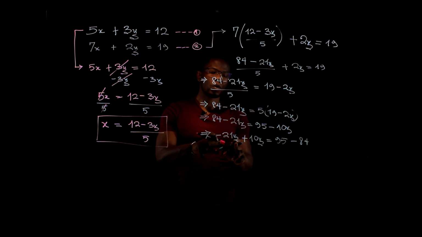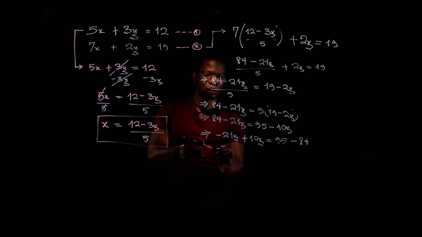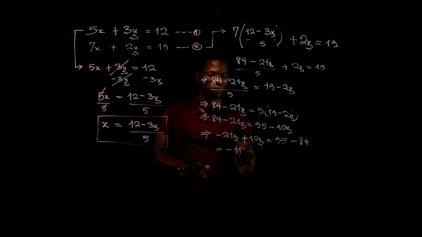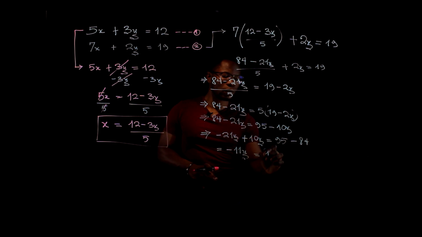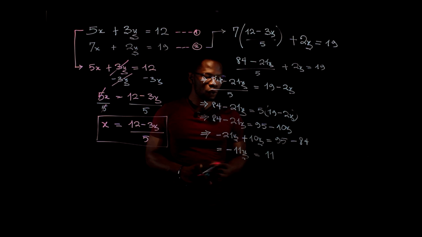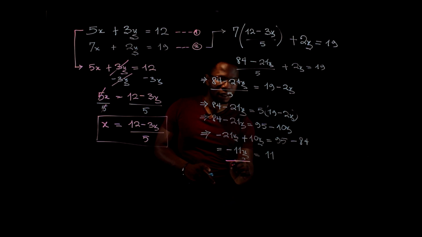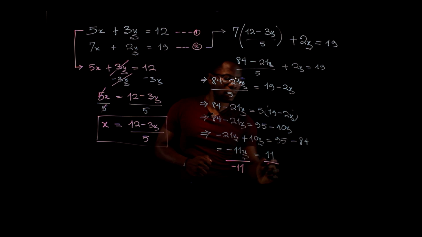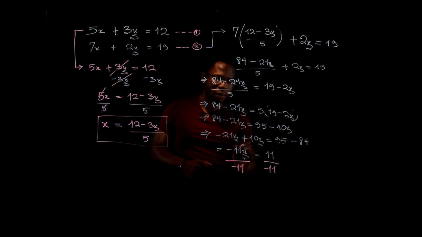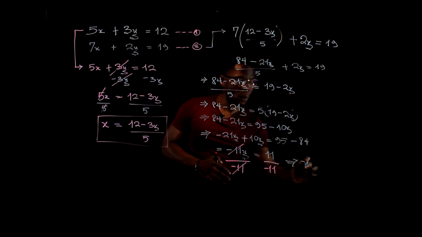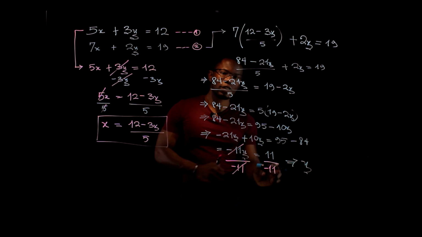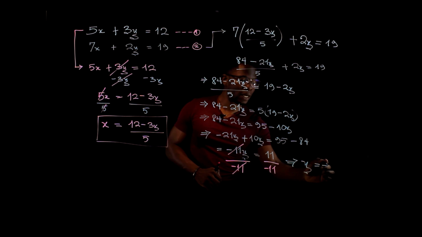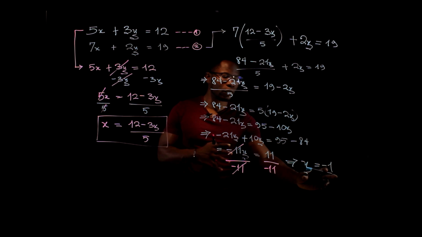So minus 21y plus 10y is equal to minus 11y, and 95 minus 84 equals 11. If we divide both sides by minus 11, just so that we have our y alone, minus 11 cancels out minus 11, and we're left with y, and 11 divided by minus 11 is equal to minus 1. So we know that y equals minus 1.